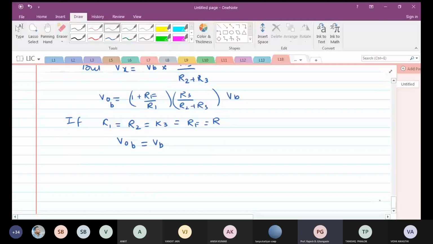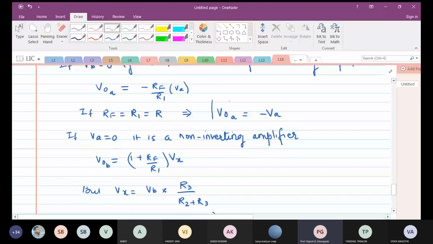But ultimately we have Vo. Don't forget the last step. Vo is nothing but VoA plus VoB. That gives me minus Va plus Vb. Remember that VoA was minus Va.